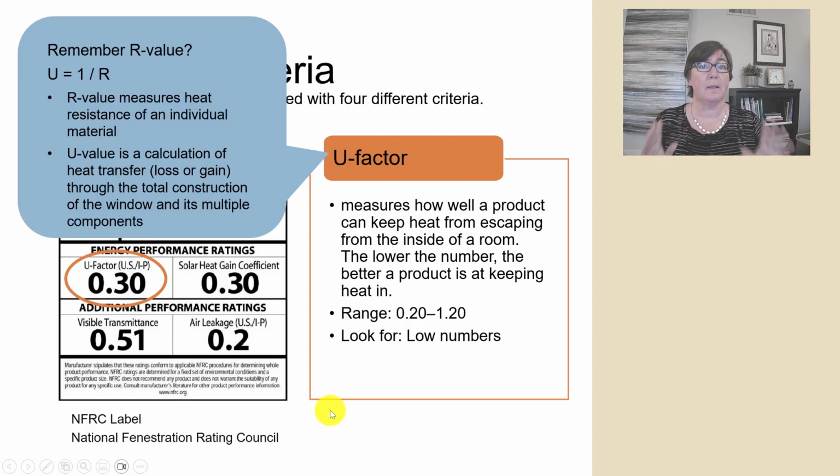So the U value is a calculation of heat transfer through that total construction of the window and its different components. And mathematically, if you're using them in formulas, they are inverse of each other. So U equals 1 over R, R equals 1 over U, they're inverse.